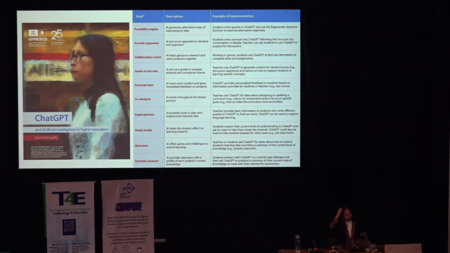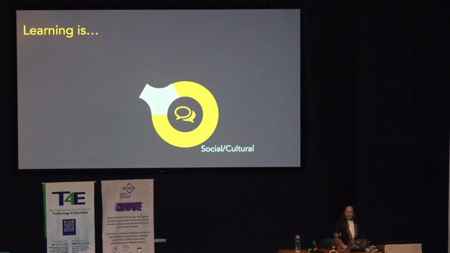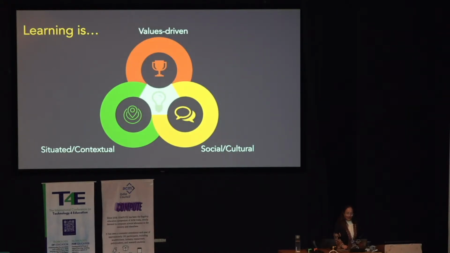And these actually have been put together by Professor Mike Sharples at the Open University in the UK, and the UNESCO guide incorporated this wonderful work that he had put together. But whatever the use case or role, it's important to remember a few very key things about learning. At the core, learning is social and cultural, it's situated and contextual, and it's values driven.